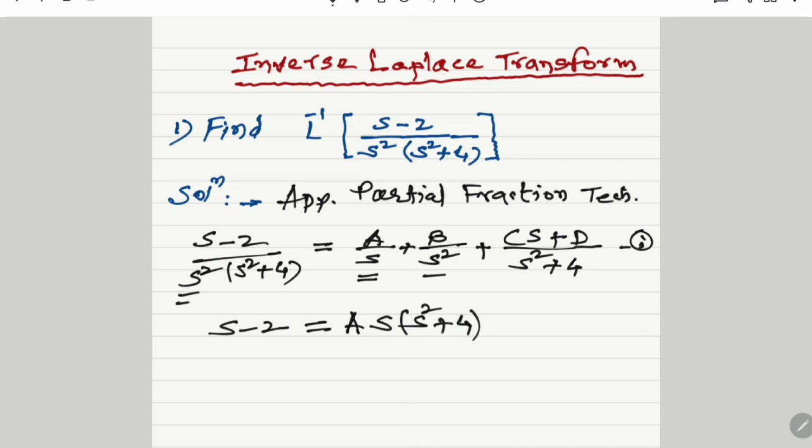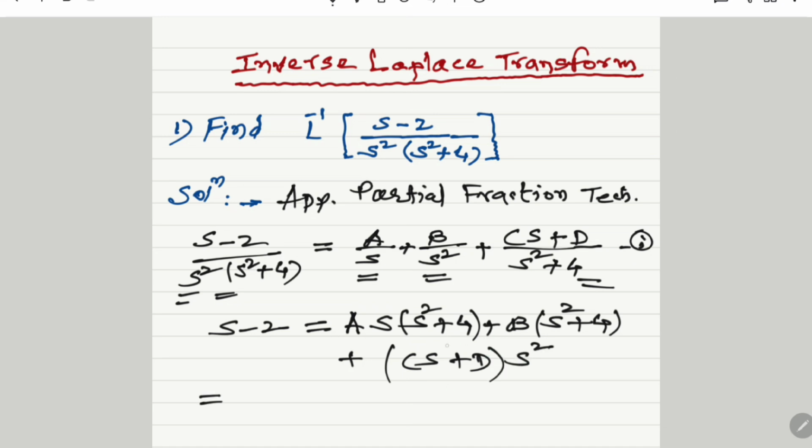Then dividing by s square, s square gets cancelled, the remaining term is s square plus 4, therefore B into (s square plus 4). Then dividing by s square plus 4, s square plus 4 gets cancelled, the remaining term is s square, and therefore (cs plus d) multiplied by s square.